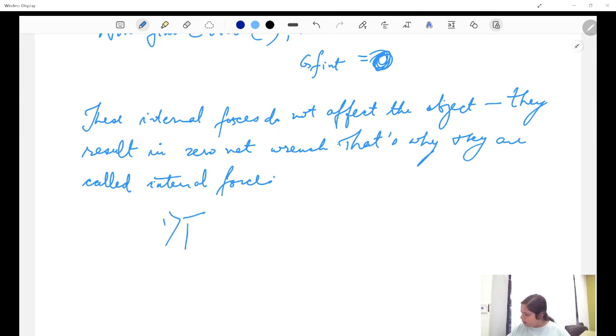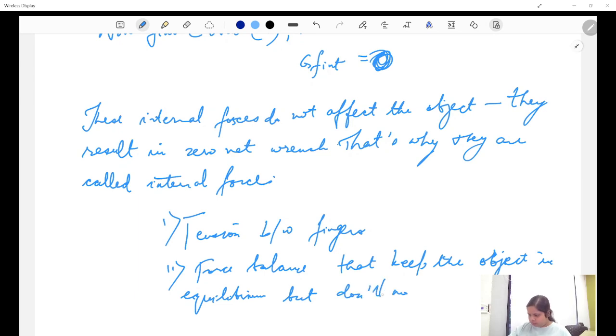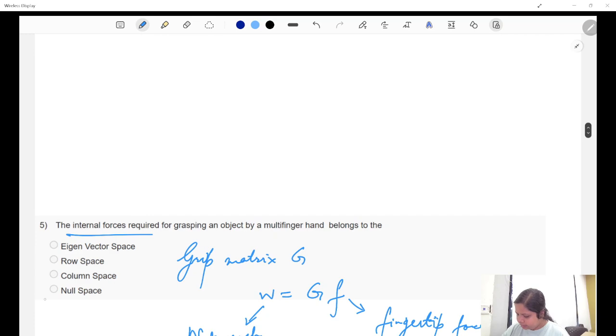They could be tension between fingers. Then they could be a force balance that keeps the object in equilibrium, but doesn't move it. So your option is null space.